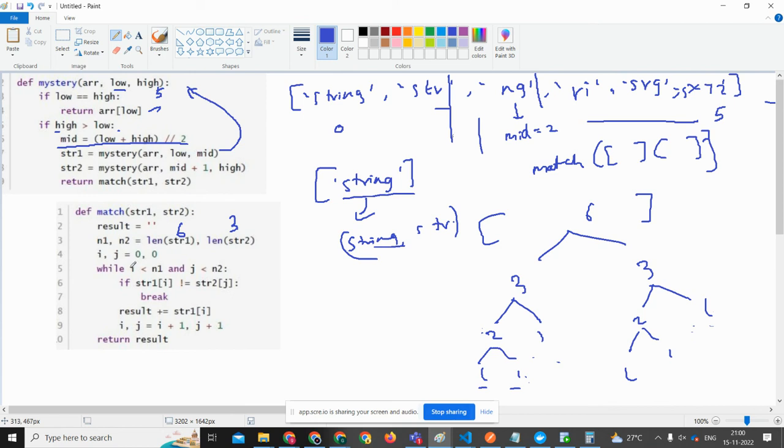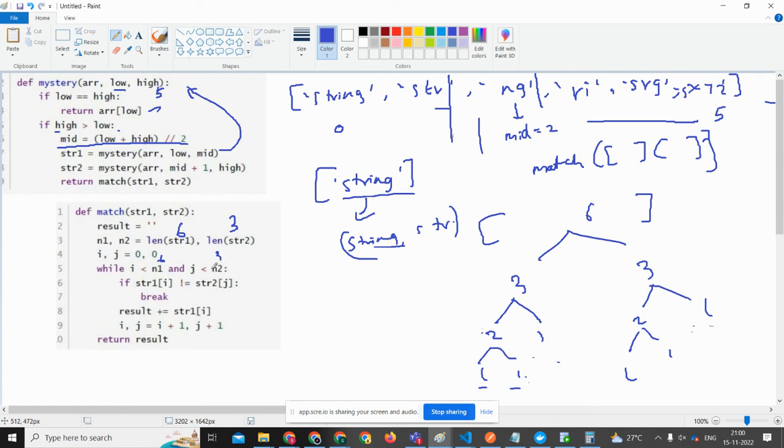Correct. i and j are initialized to 0, and then we run a loop while i is less than n1 and j is less than n2. That essentially means we are looping over everything, right? No, this while loop is going to run only for three iterations, whichever is minimum. Ah, because this is an and.